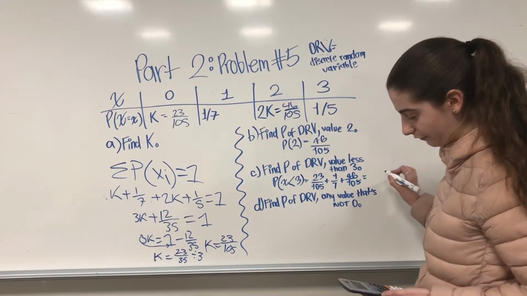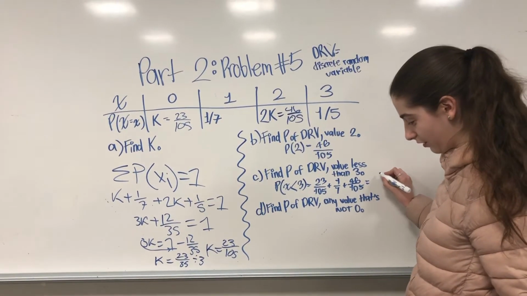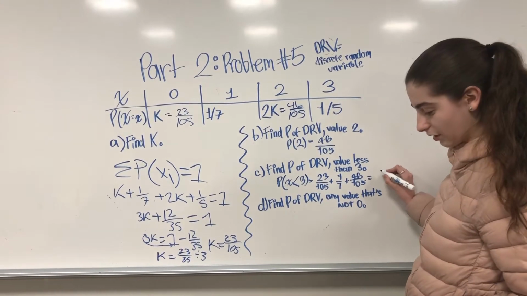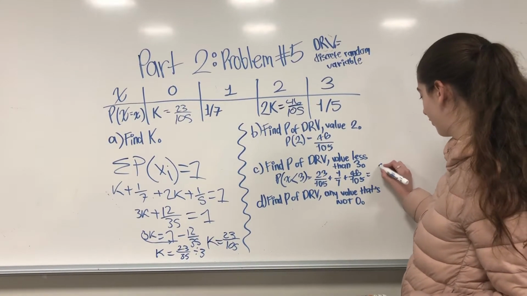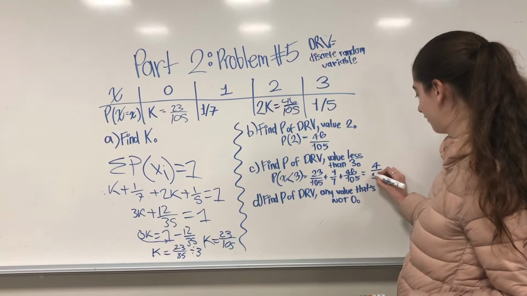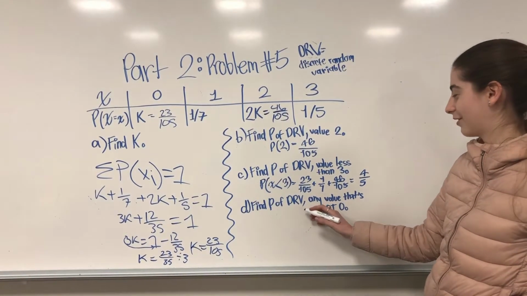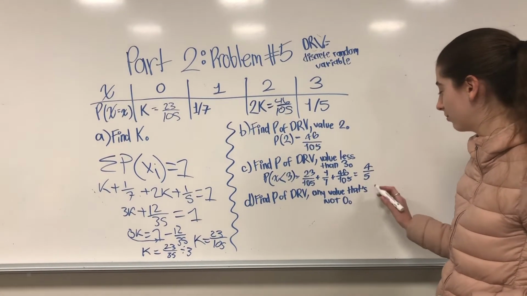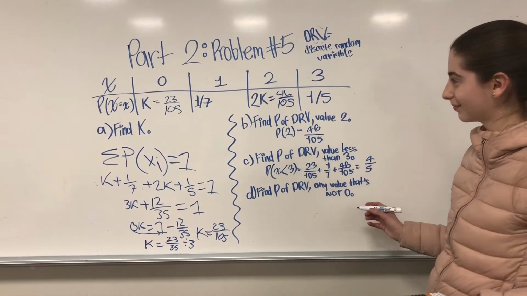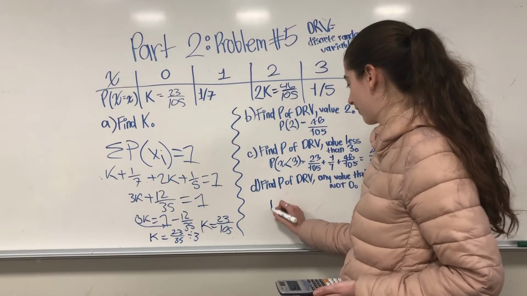which will give us, once it is simplified, 4 over 5. At last, we have to find the probability of the discrete random variable of any value that's not 0. So here we go.